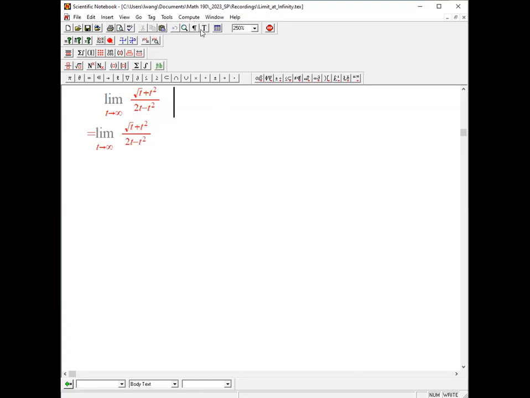Just be aware, the definition of the limit as t approaches infinity means in some interval from a to infinity, where a is positive and large.